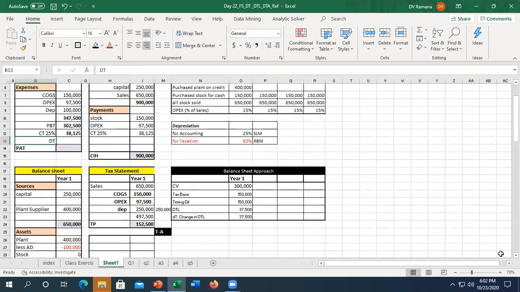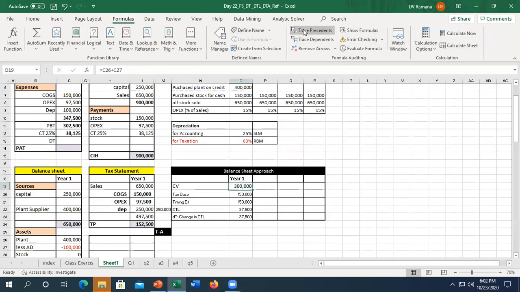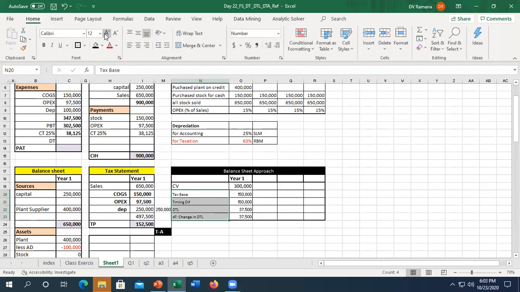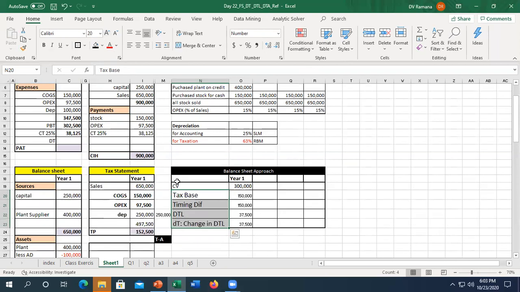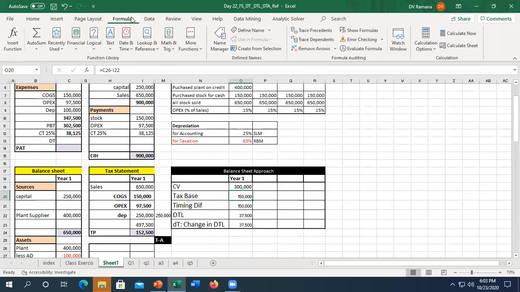If we strictly follow the letter of the accounting standard, we need to find the carrying value of the asset. The carrying value of the asset in the books is cost minus depreciation. What is the tax base of the asset? The tax base of the asset is the cost of the asset minus the depreciation as per taxation, which is 150,000.